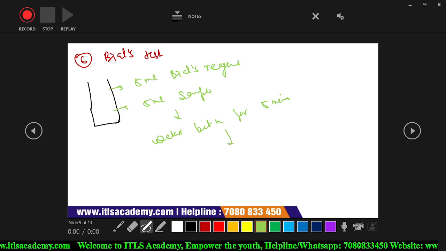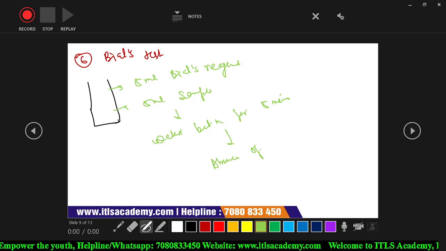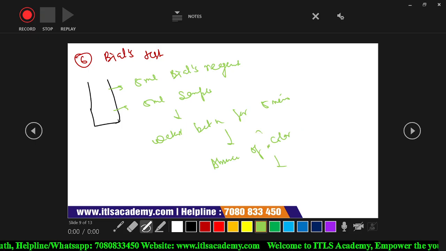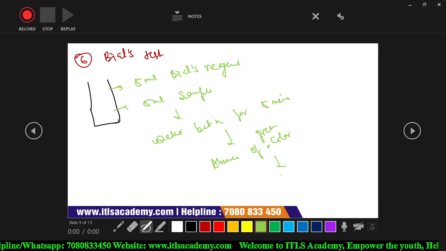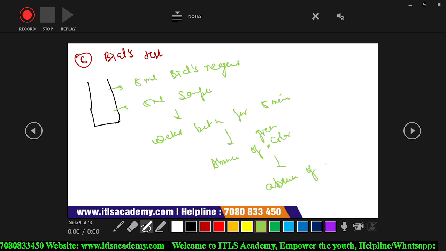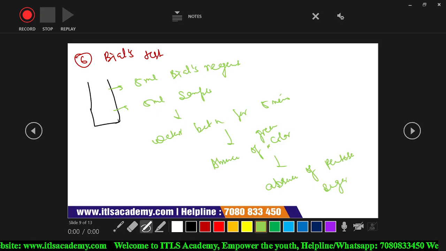Now when we perform the ketose reducing sugar, there is an absence of green color, which indicates the absence of pentose sugar.